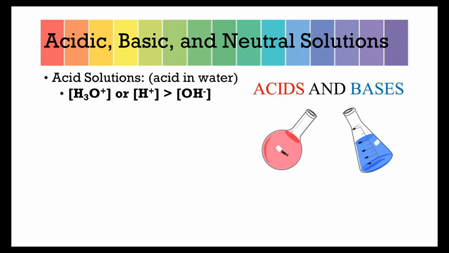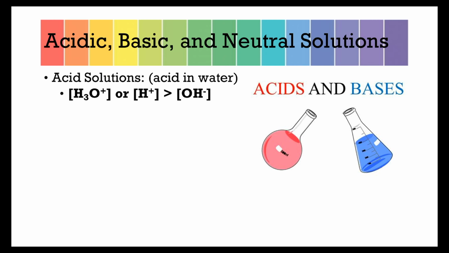Arrhenius said acids give off H plus and bases give off OH minus. I said, hold on to that thought, we'll come back to it. Then we focused on Bronsted-Lowry, which said that acids donate H plus and bases accept. So we finished that portion, and we're going to go back to what Arrhenius said.